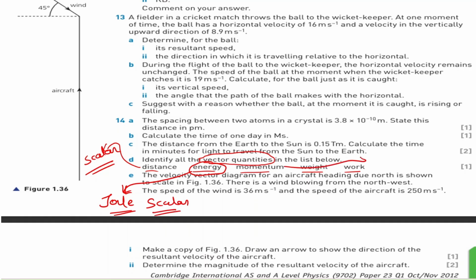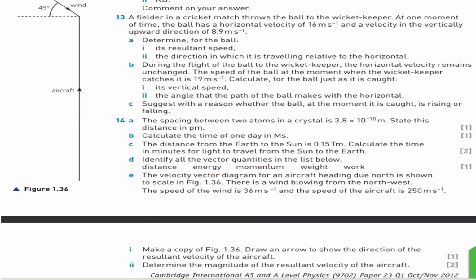Now, momentum. Momentum is given by m times v. Here, m is mass, which is a scalar quantity. But here v means not speed, it means velocity. You all know velocity is a vector quantity. From that, we can say p is a vector quantity, meaning momentum is a vector quantity. And weight.